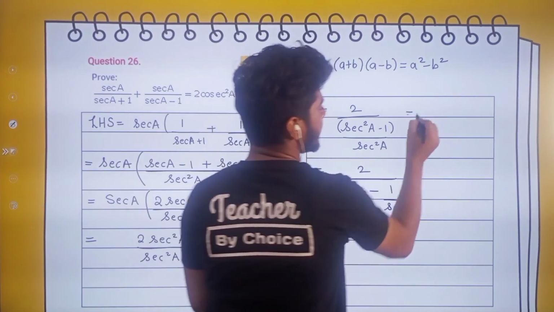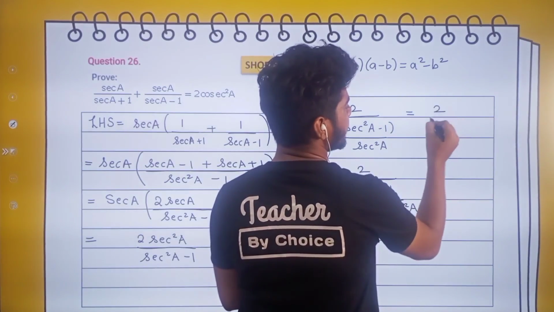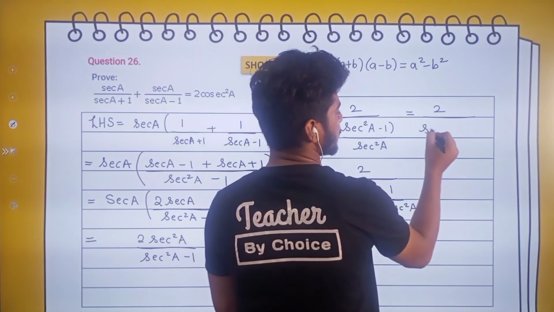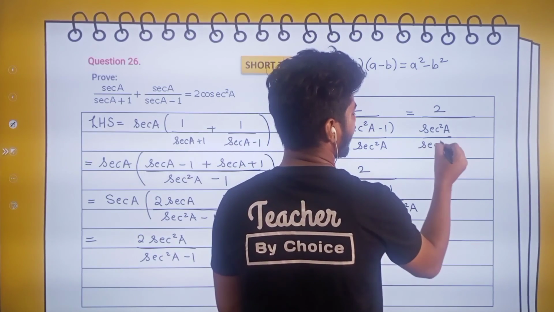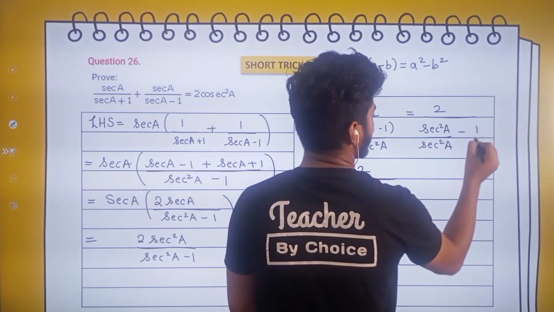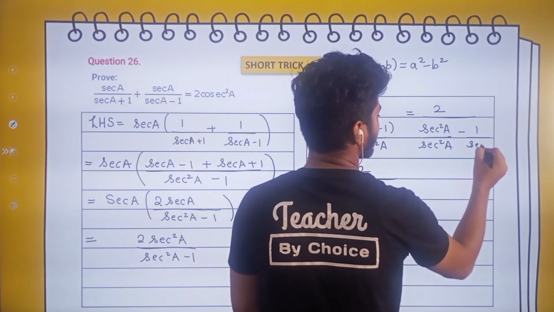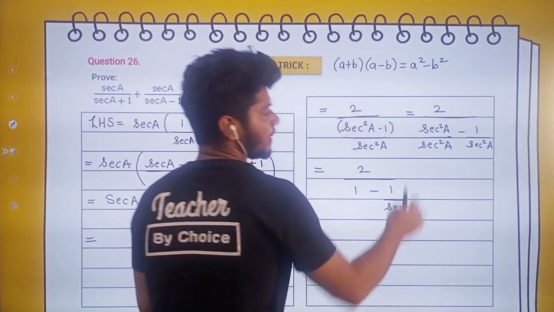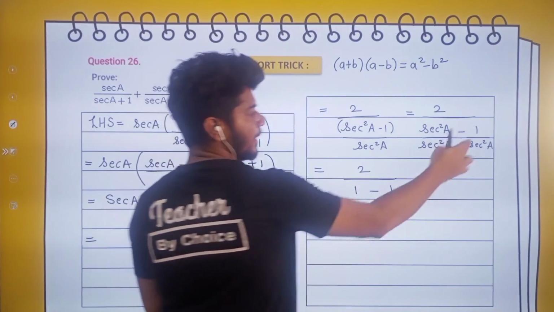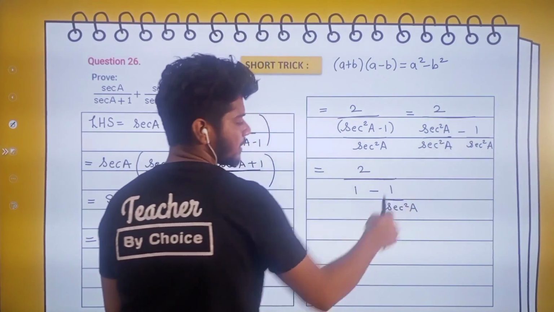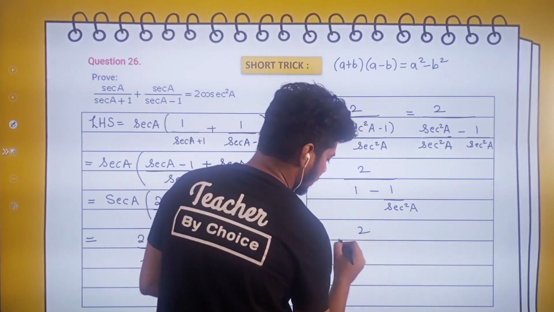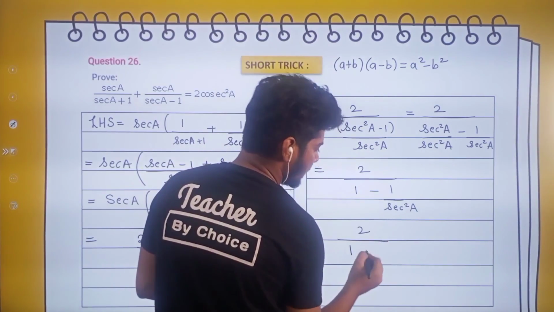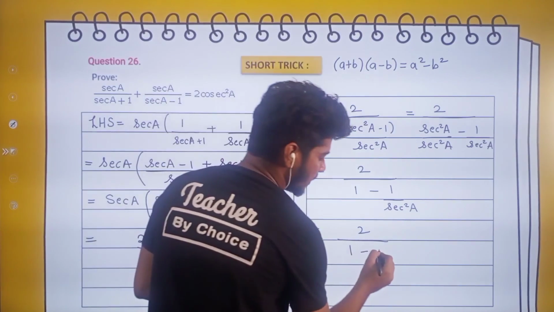If you don't understand the split part, I am writing the split part here. This is sec square a upon sec square a minus 1 upon sec square a. Right? Sec square a upon sec square a is 1 and minus 1 upon sec square a as it is. Okay, now it is easier. This is 2 upon, what is 1 minus 1 by sec square a?